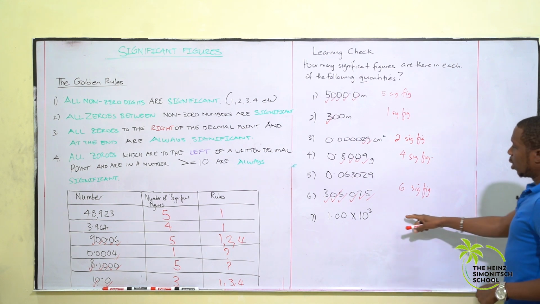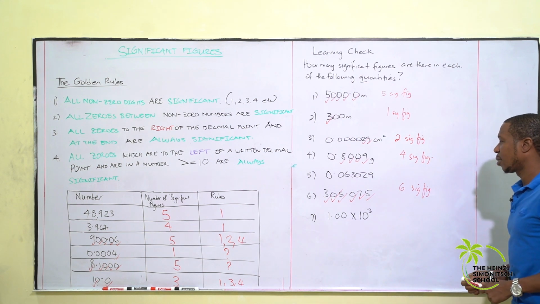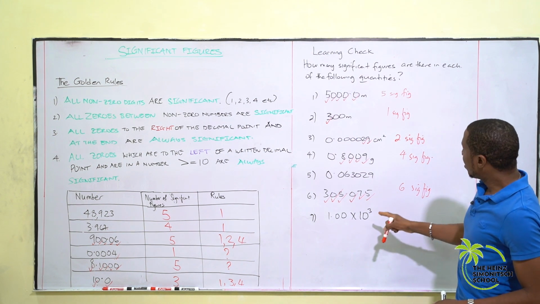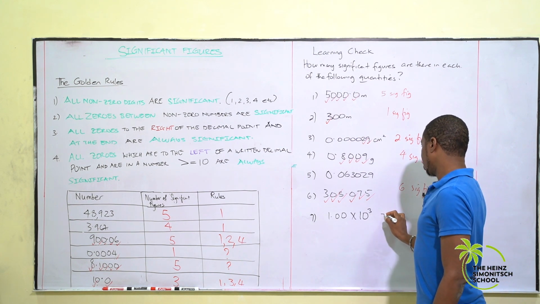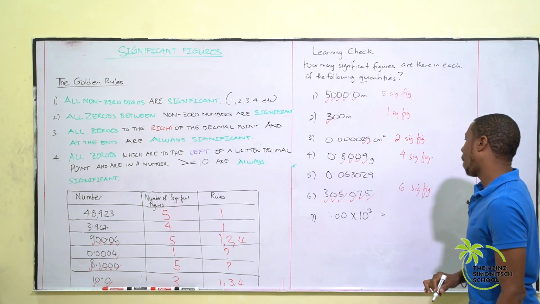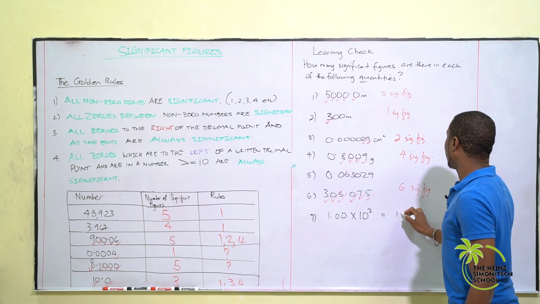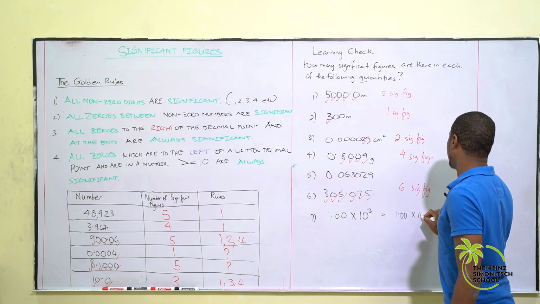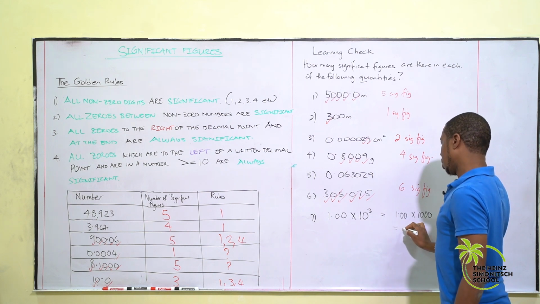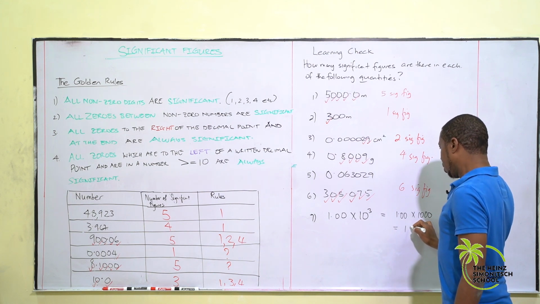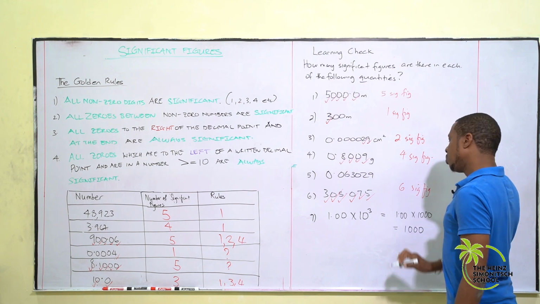Okay, what about number 7? Number 7, how many significant figures will that have? We can work this out. So that would be 1.00 times 10 times 1,000, and that will give us 1,000.